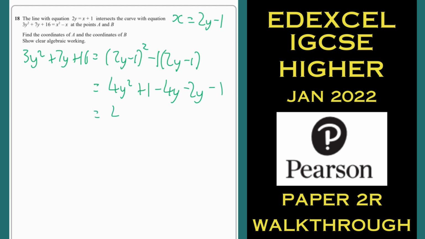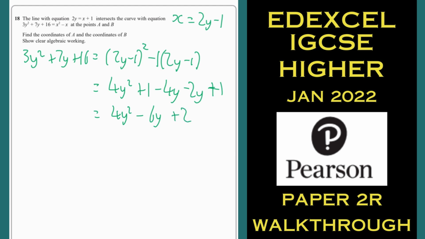So if you tidy all that up, 4y squared minus 6y, you've got a plus 1, and sorry, not a minus 1, I said it and I didn't do it myself, minus 1 times minus 1, do apologise, it's a plus 1 on the end, don't be as daft as me.